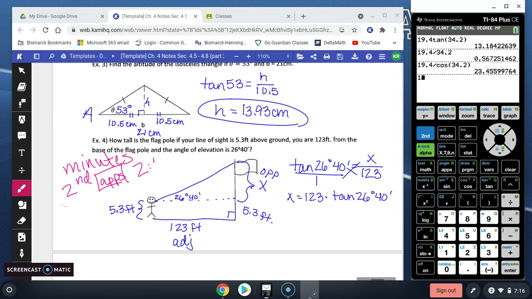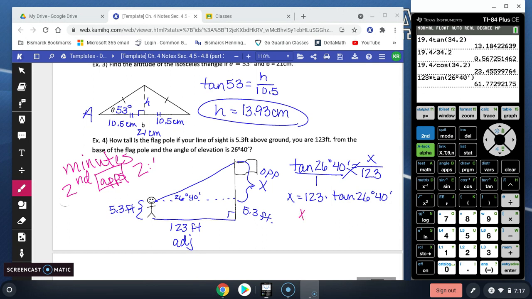All right, so we're going 123 times the tangent of 26, and then you're going to find your degrees in the same place. So second apps takes me there. So there's my degree, 40, and second apps again, 2. Okay, so enter.